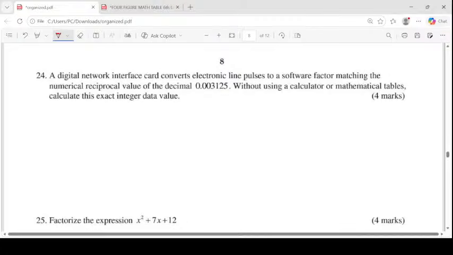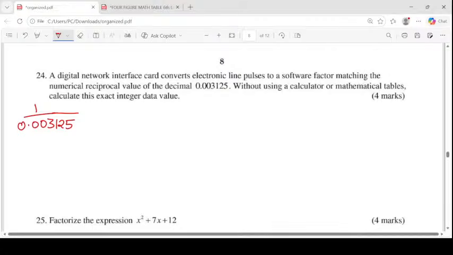So that will be 1 all over 0.003125. That is the reciprocal value of it. Now to perform this particular calculation, we convert the decimal number to a fraction.